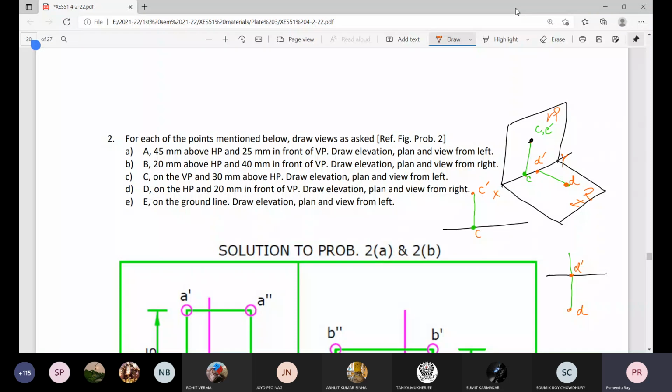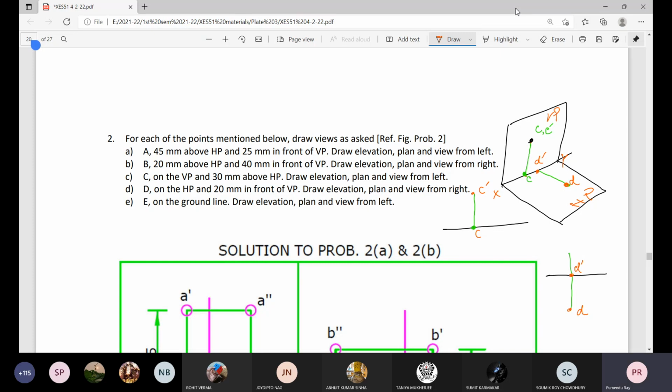So this visualization may or may not be given in every detail in any book, but these things are very simple. You can yourself make such kind of 3D presentation like thing and try to understand where it is located, where its plan and elevation are going in that way.